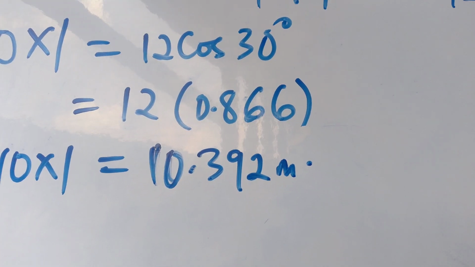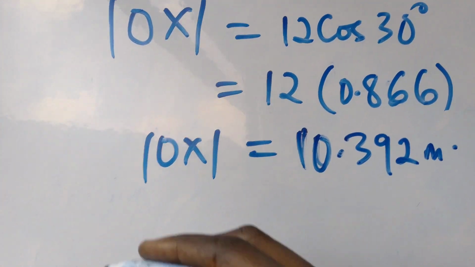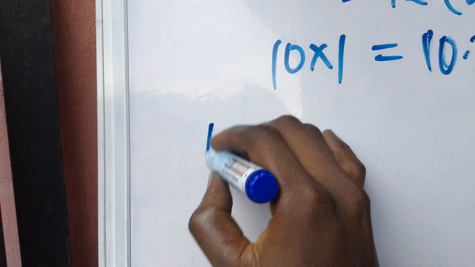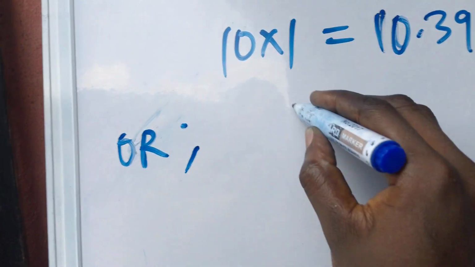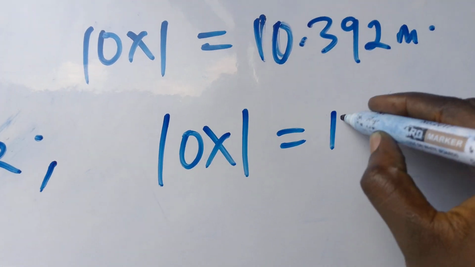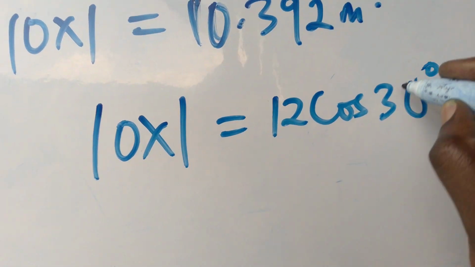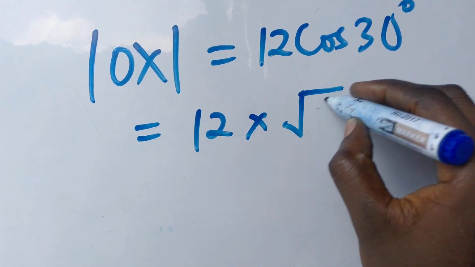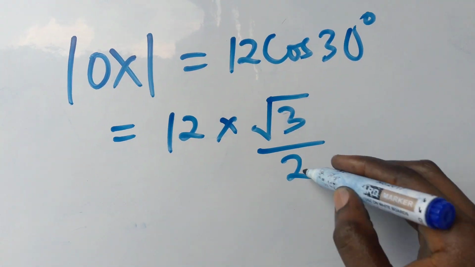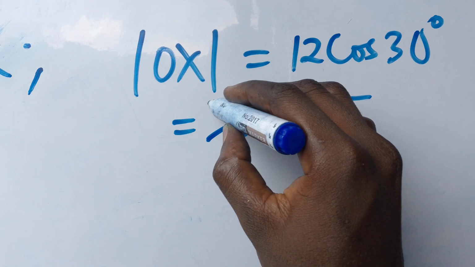But if I choose to solve in surd form, distance OX equals 12 cos 30 degrees, and cos 30 in surd form is root 3 over 2. This goes here, and this is 6.